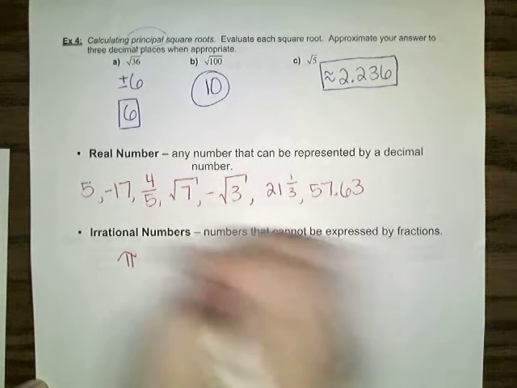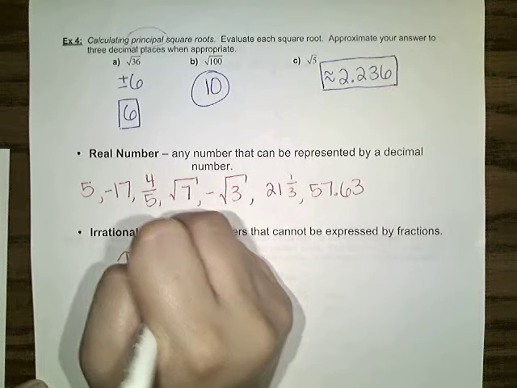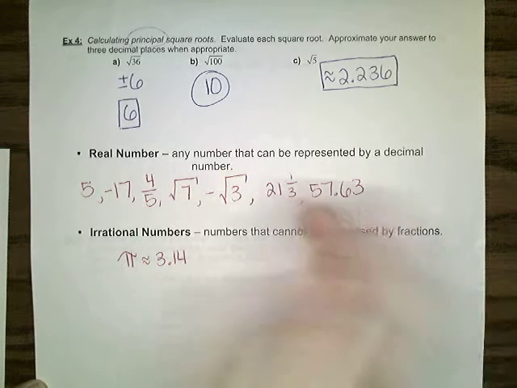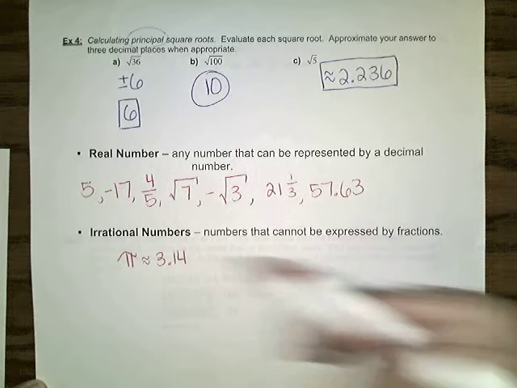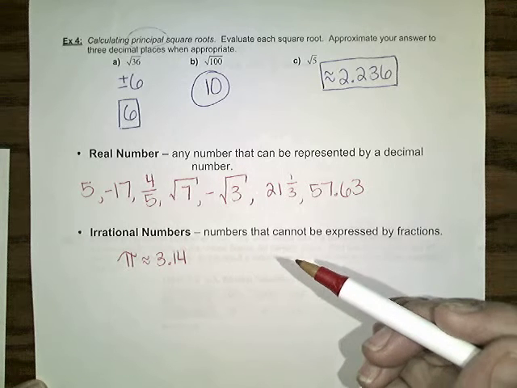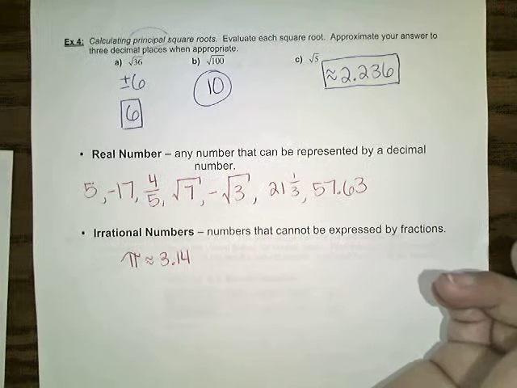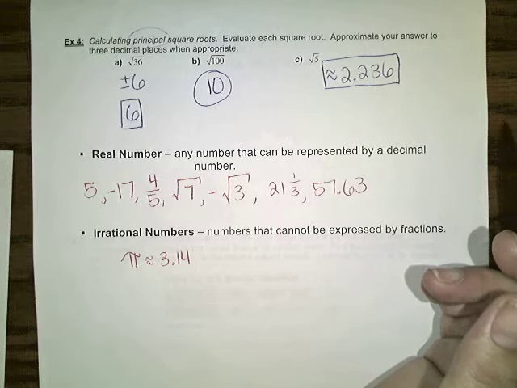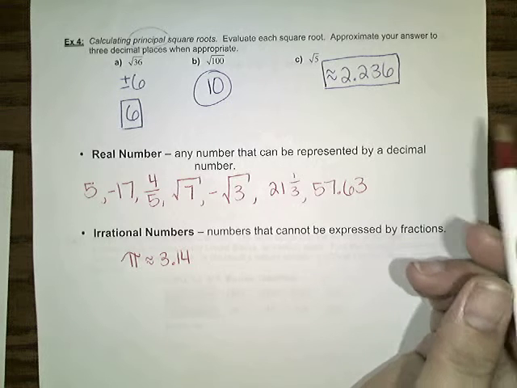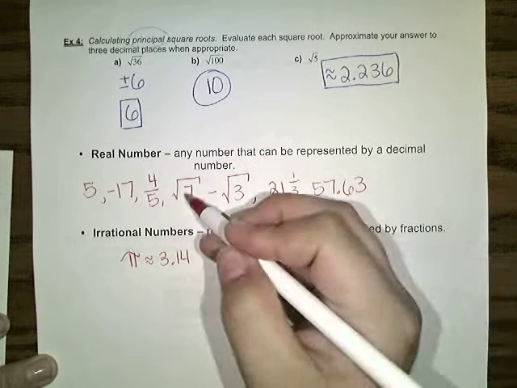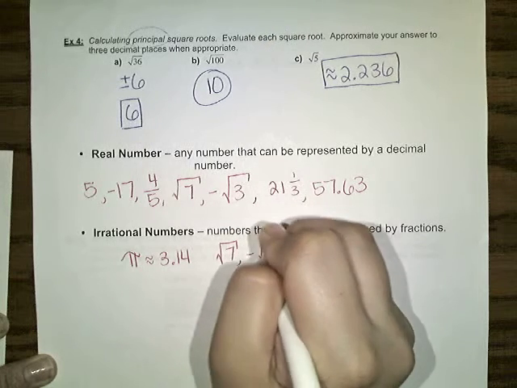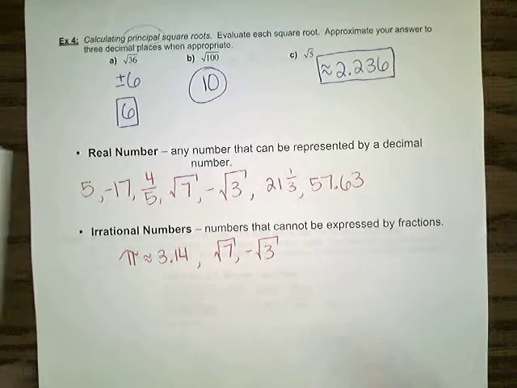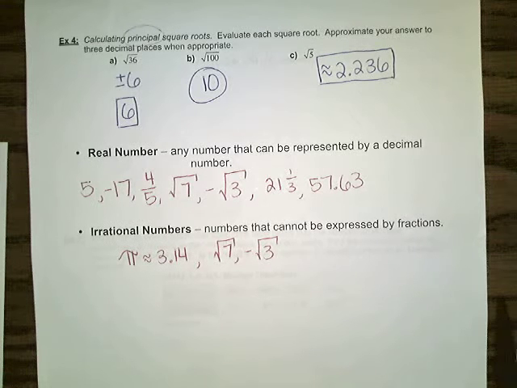Pi we approximate as 3.14. Of course, it's longer and it's never ending, but that's what we can approximate it as, 3.14. The numbers up here that are square roots, radical 7, negative radical 3, all of those are irrational numbers, numbers that cannot be expressed by a fraction.